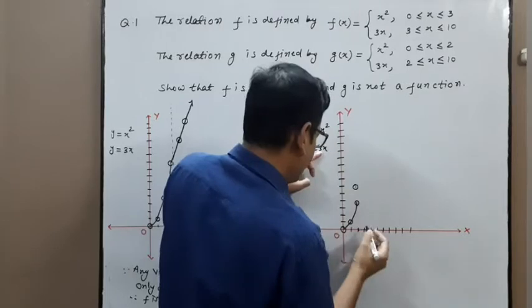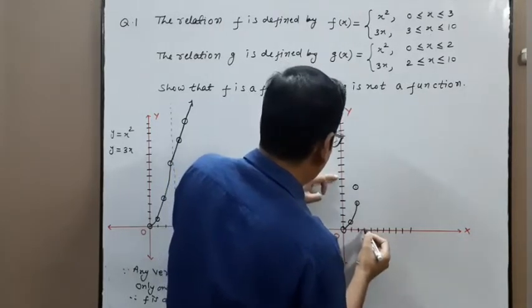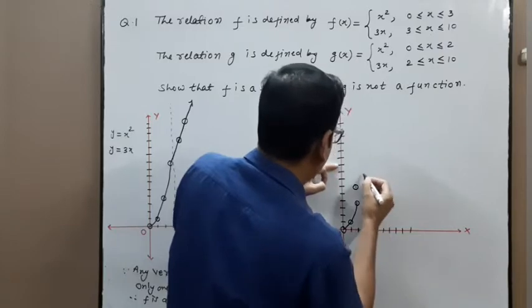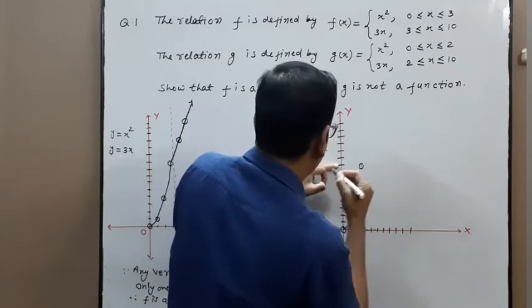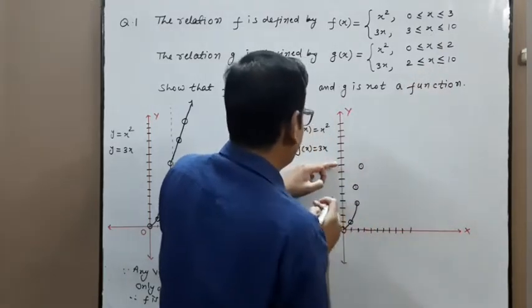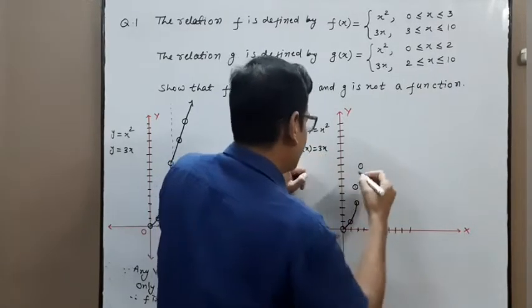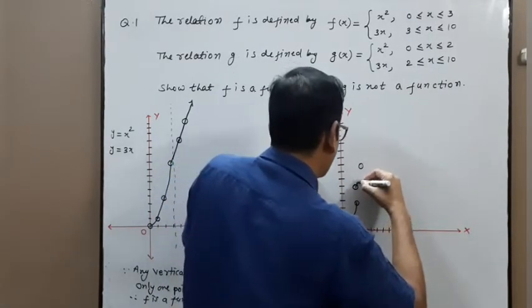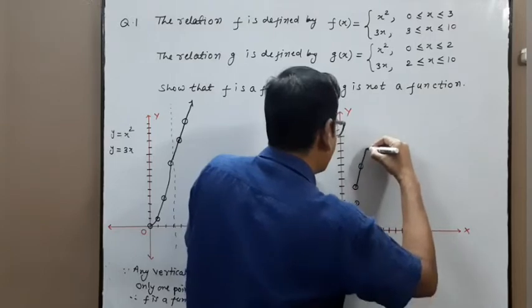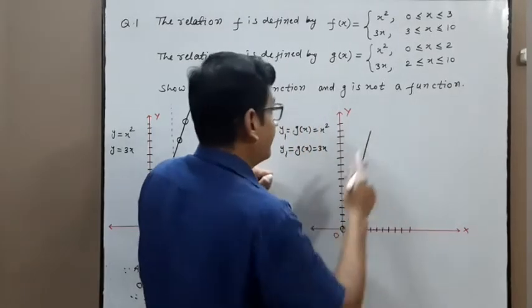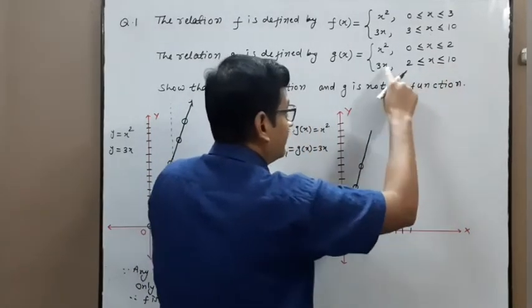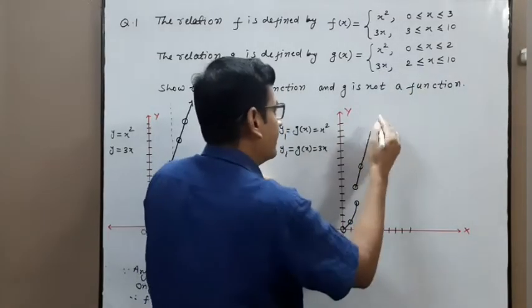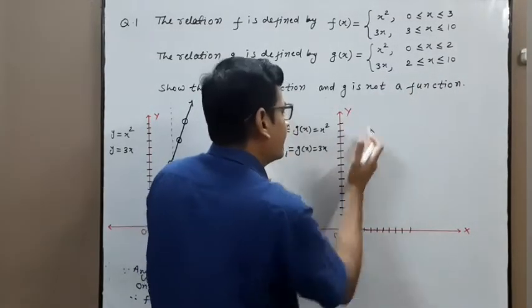So y1 equal to 9. At x equal to 3, 9. At 4, 12. So now draw the graph of this up to when we put x equal to 10, then we get 30. The value of y1 is 30, a straight line.